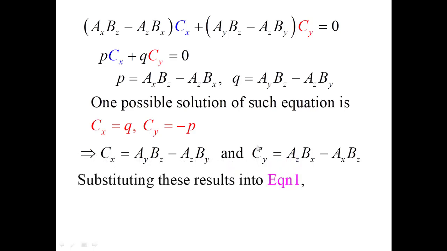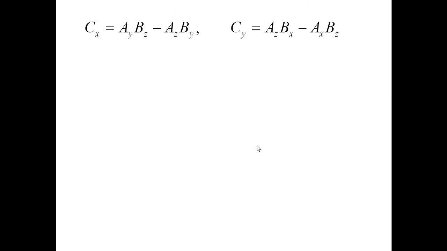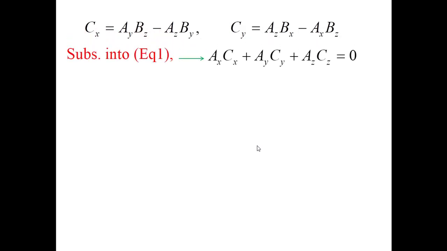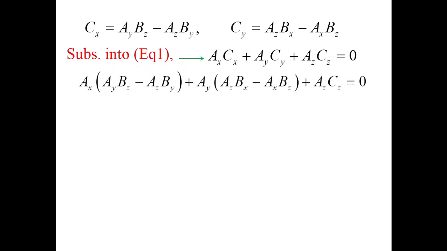By substituting this back into equation 1, here is my CX, here is CY. Substituting into equation 1, then it is now time to solve for CZ, because we already have CX and CY. Everything is now known except CZ.